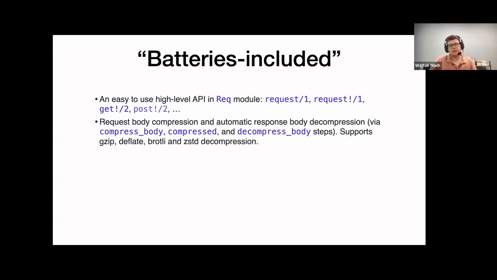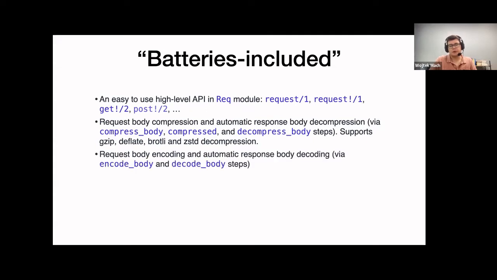By default, Req ships with the gzip and deflate compression algorithms support, just because OTP does. But if you install some Hex packages, Req will pick them up and will support Brotli and the Zstandard compression algorithms as well. Req also has body encoding and automatic decoding. So again, it can automatically decode JSON or some other formats.